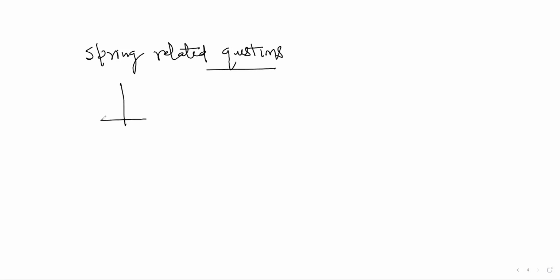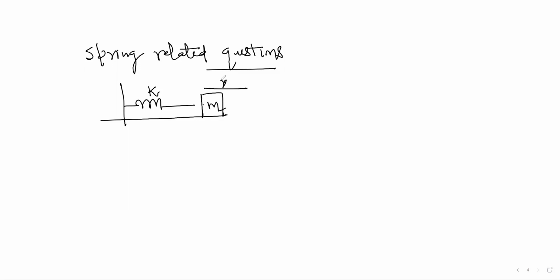Okay, so today I'm going to discuss spring related questions. What actually is a spring? This is a spring, whose spring constant is K, and a block is attached to it.